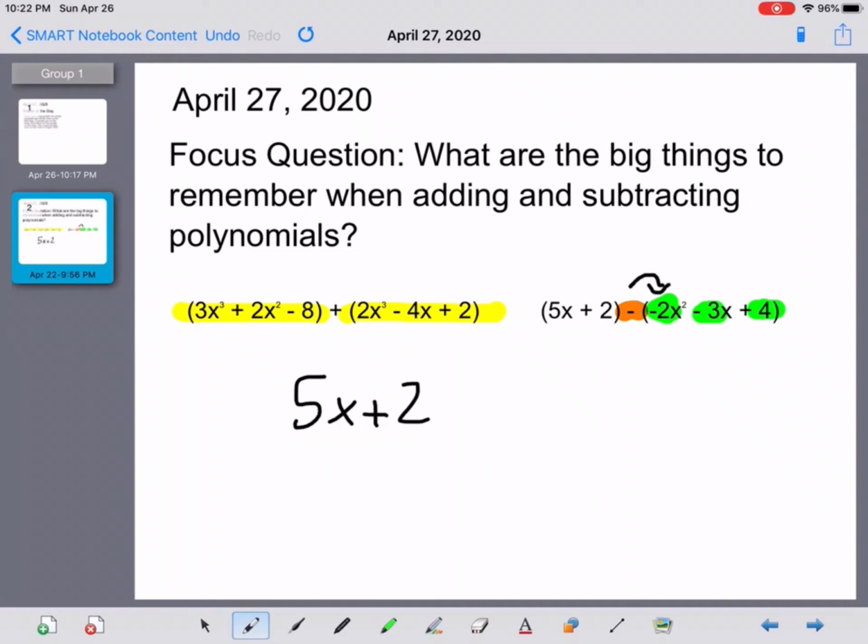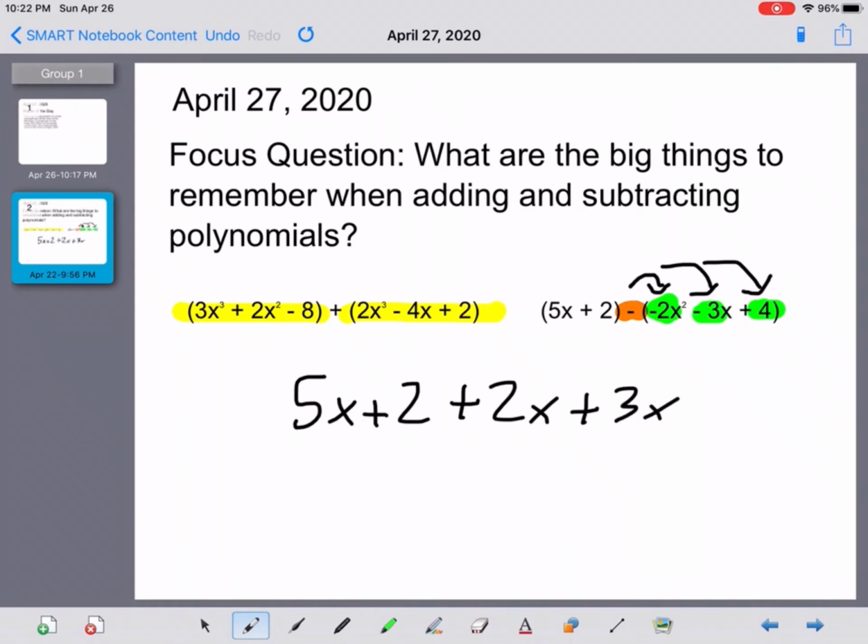As you notice, I'm writing on the board, I'm distributing that negative sign to all the terms on the inside. So negative times negative 2x squared becomes positive 2x squared.